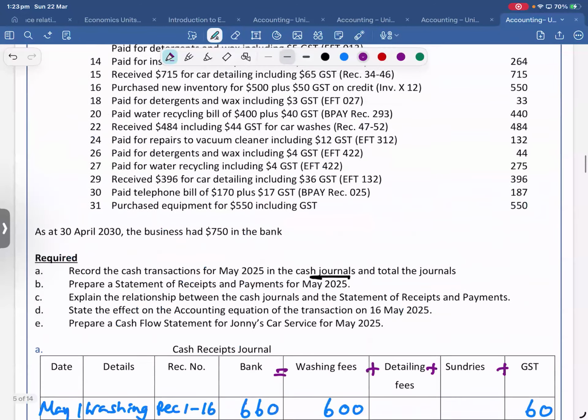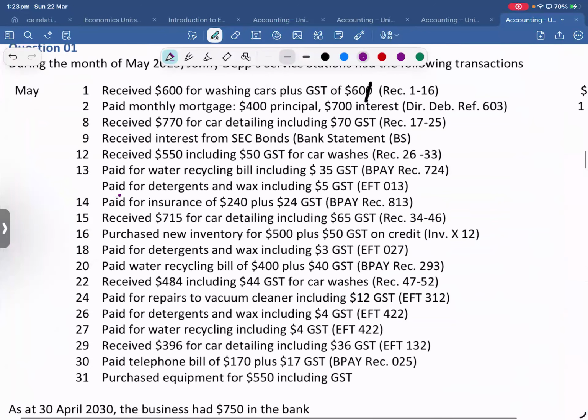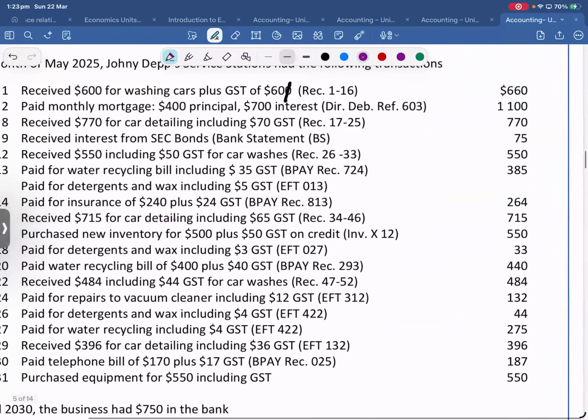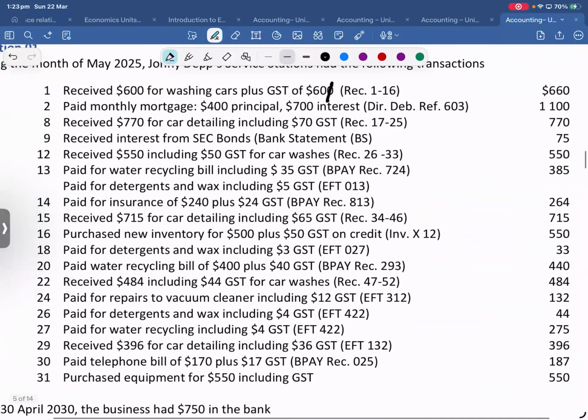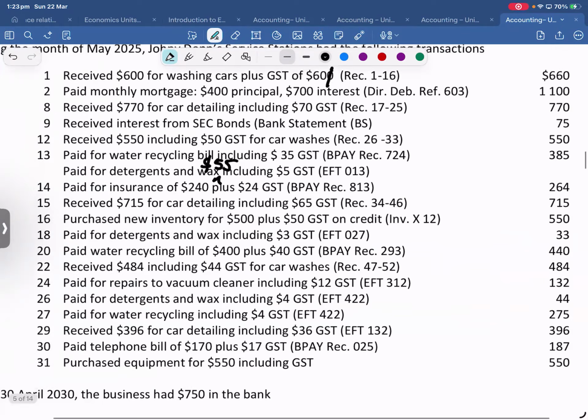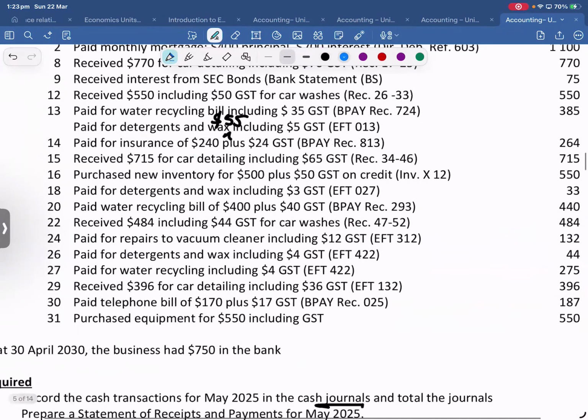Then another transaction is there on 13. I'll tell you why they have put it like this. Paid for detergent and wax includes 5 GST. This is missing. Okay, this one put 50, sorry, paid for the detergent and wax. Please write it 55. That's why it's including 5 GST. That's a different transaction.